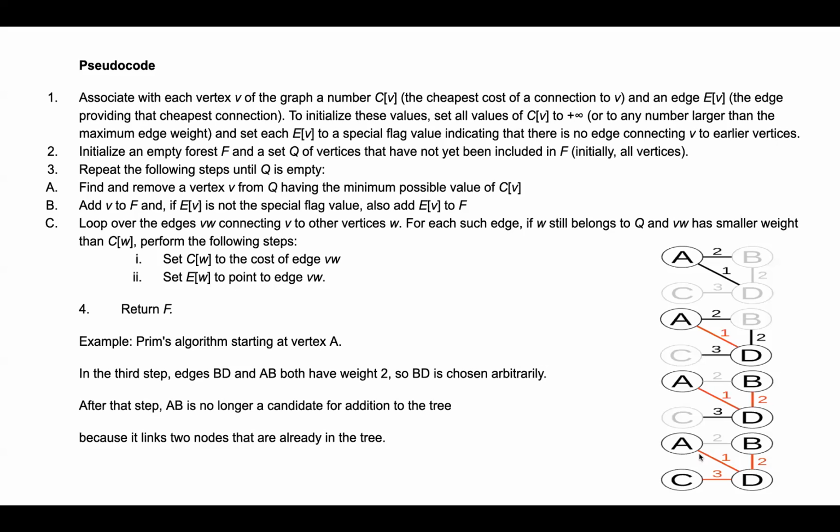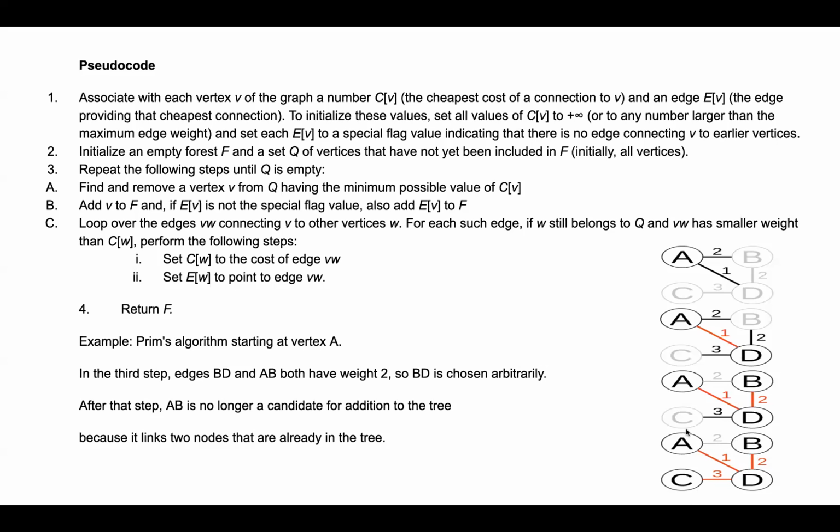You will say we are here at the vertex B, then why are we not considering B to A? If we consider B to A, then it will form a cycle, A, D, B. It won't be a spanning tree.